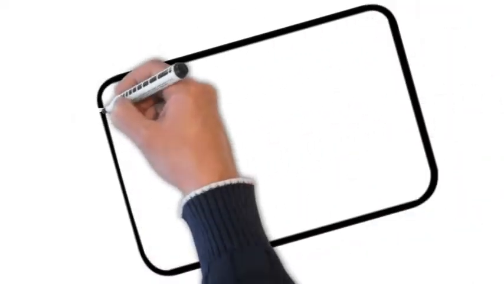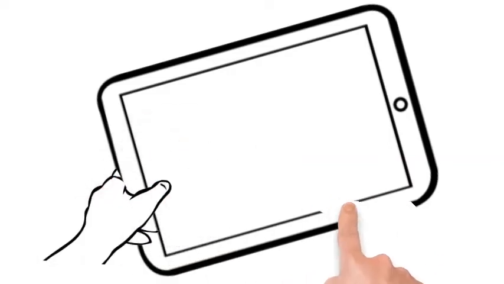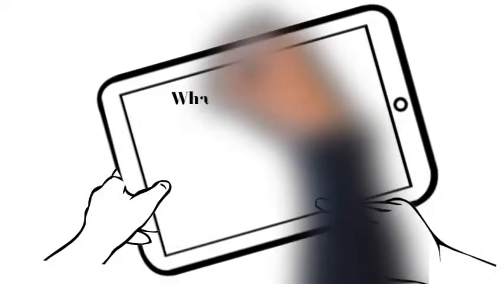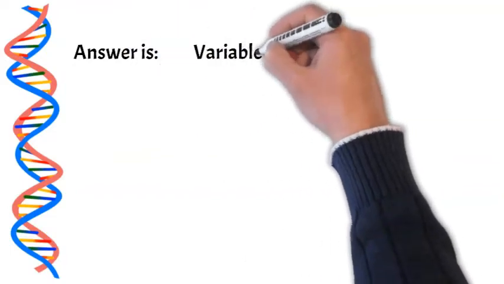On to question 8. What are the factors that either stay the same or are altered in a scientific experiment? The answer is variables.